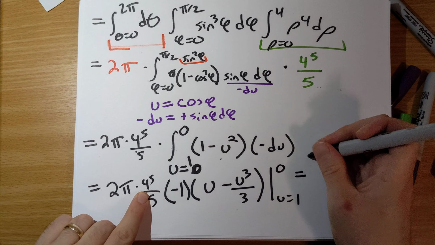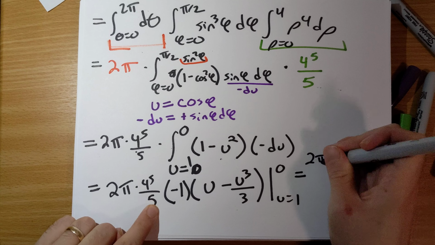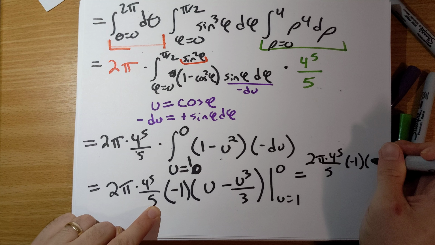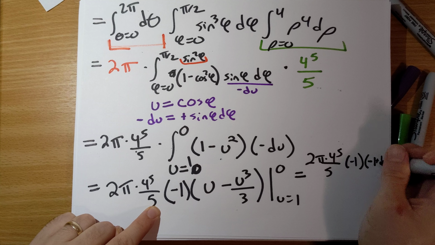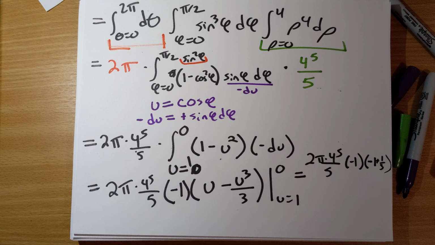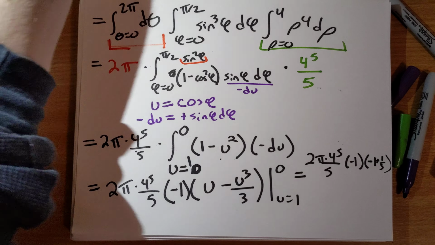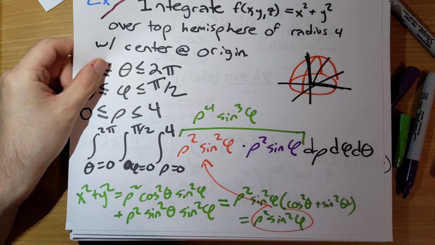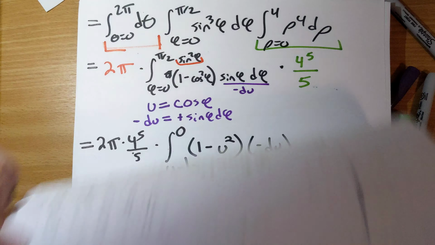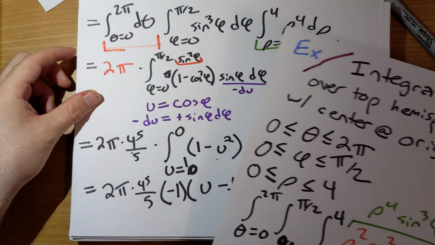And so this should give us 2 pi times 4 to the 5th over 5 times negative 1 times negative 1 plus 1/3. And that should simplify down nicely. So once again, we see here, integrating over a spherical-like region, we should think about integrating using spherical coordinates.